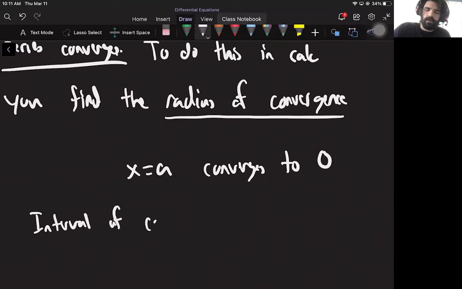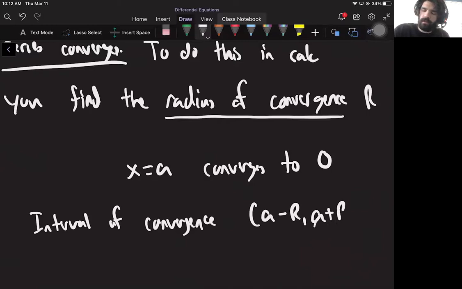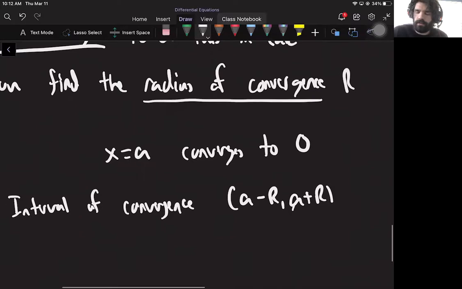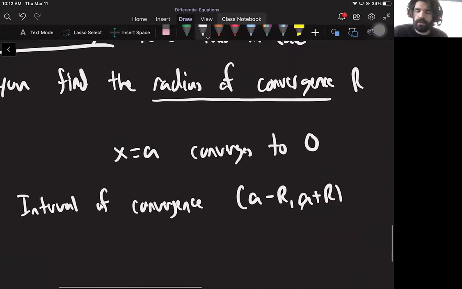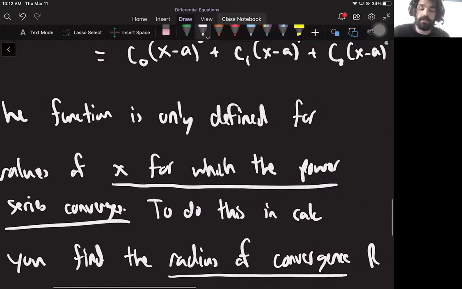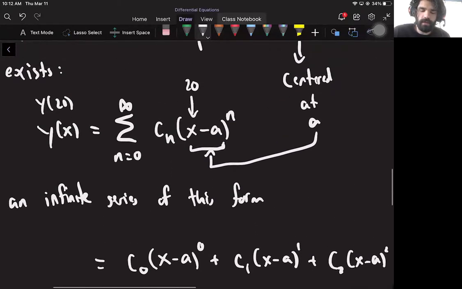And then the interval of convergence is you subtract the radius and you add the radius. And then the endpoints you have to deal with separately sometimes, but that's for that class. So then the idea is like, okay, if I stay within this interval, then my function makes sense. So what that means for us is that this solution will only make sense if I stay in that interval.